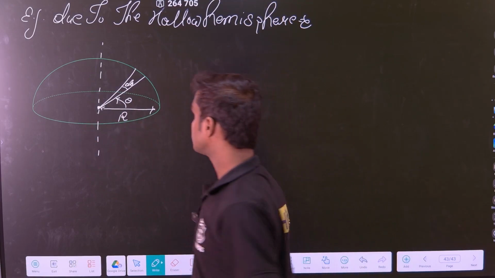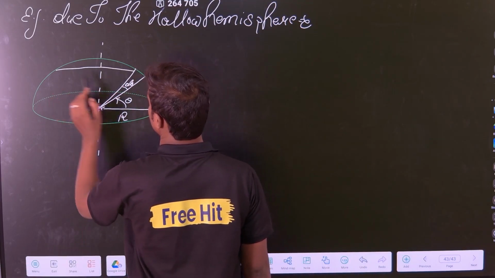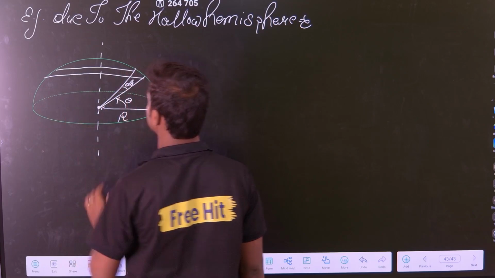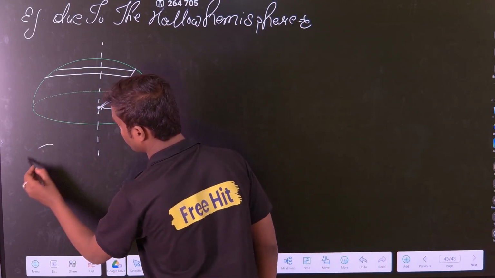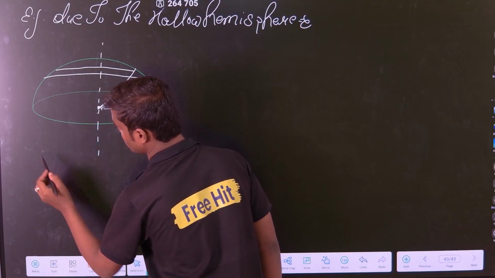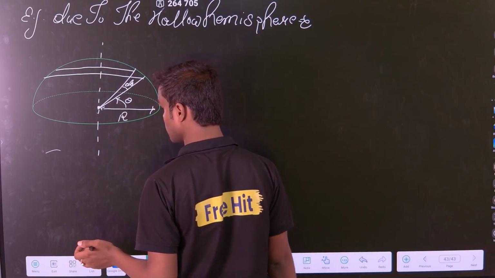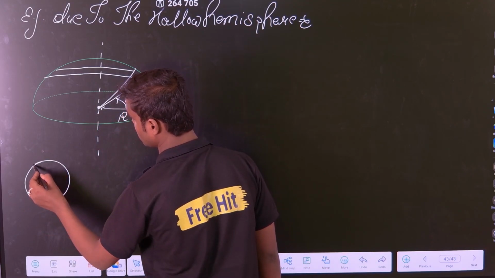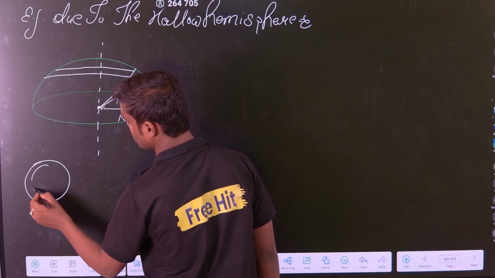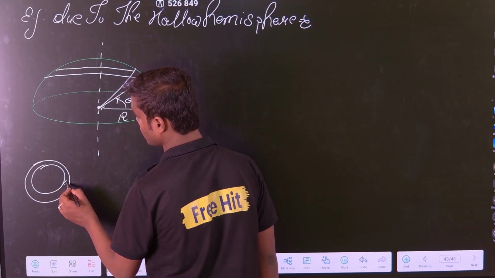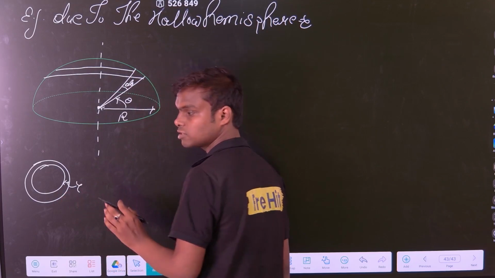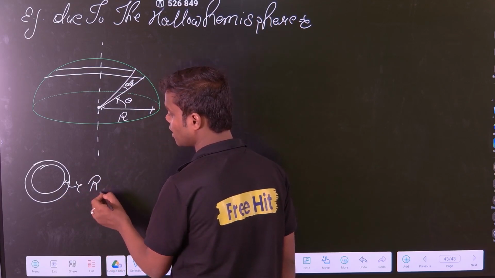Clear? So it will form one small ring which has a thickness. What is the thickness? Thickness will be r d theta.